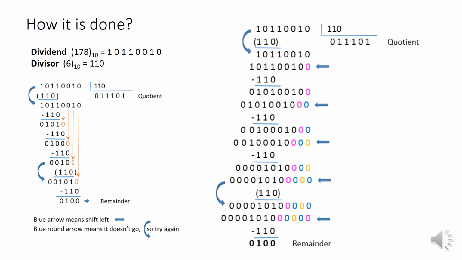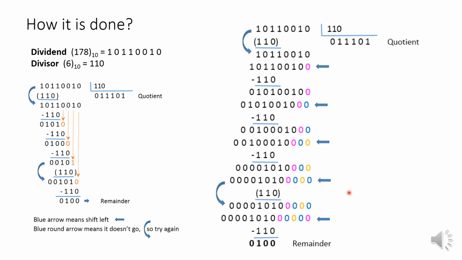Now again we shift the remainder to the left and we keep the divisor in the same place, and we try with the next digits. We compare again to see if it goes or not. In this case it goes, so we write another 1 in the quotient.